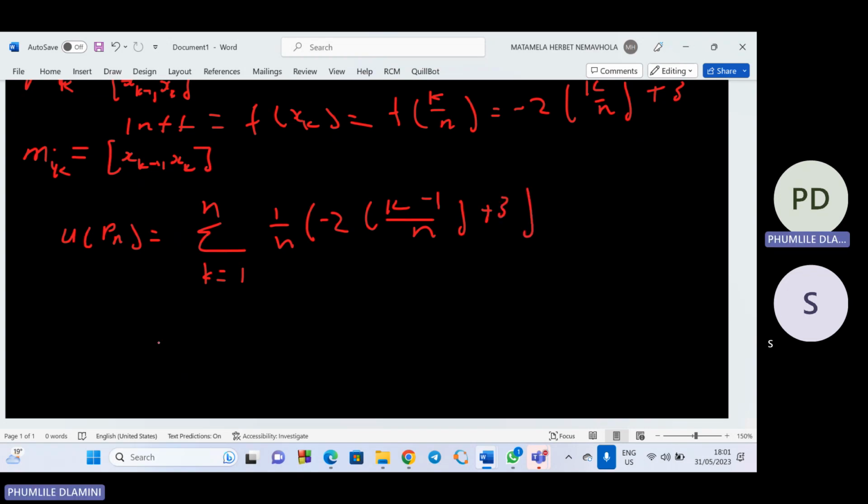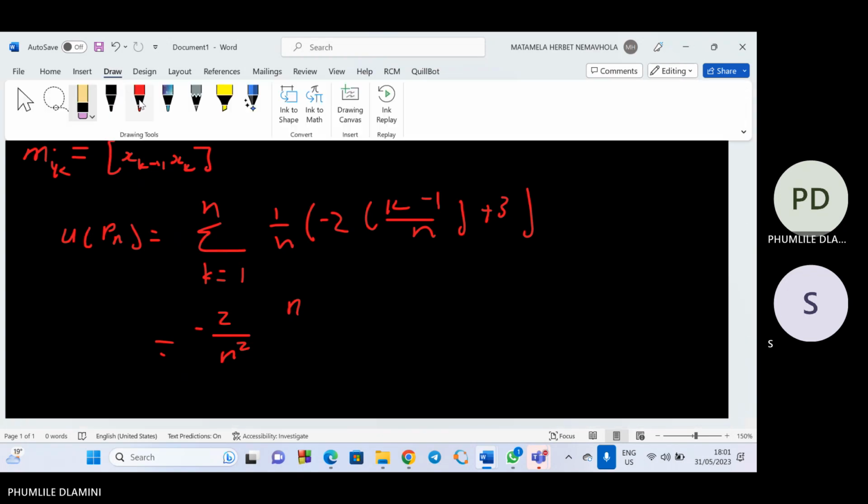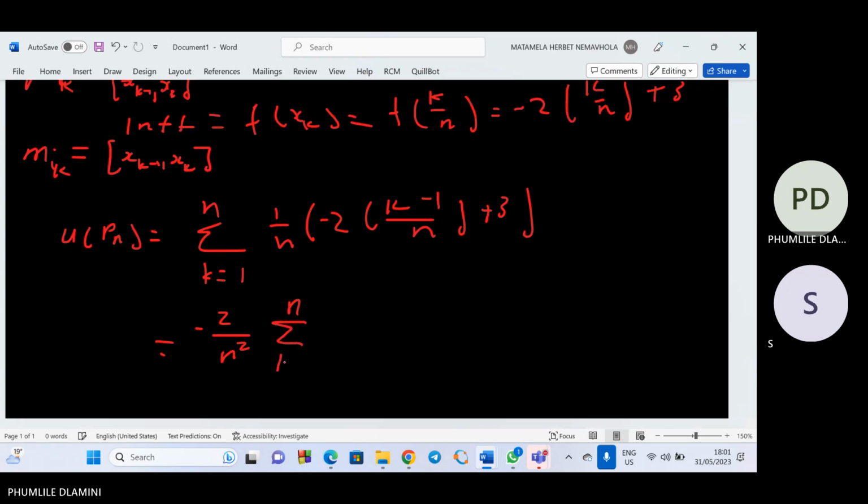If we make a calculation here, you will see that we're going to have minus 2 over n squared, and the sum of k minus 1, plus 3 and the sum of k equals 1 to n of 1. Remember we have taken this outside; when we have this 3 here, the n over n cancels.